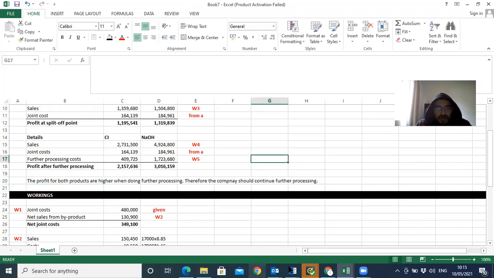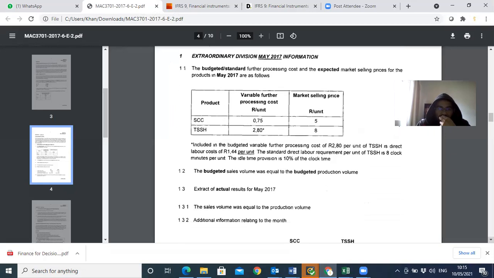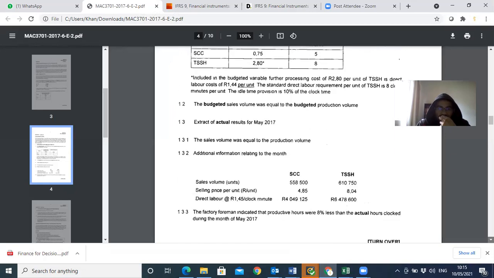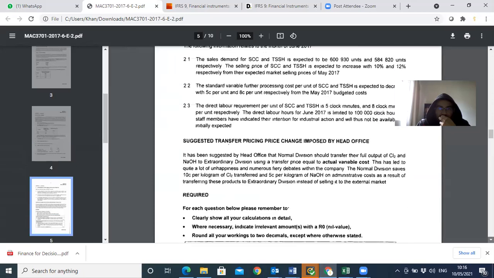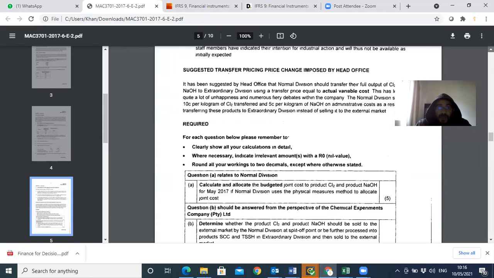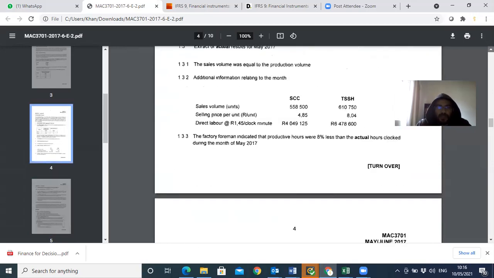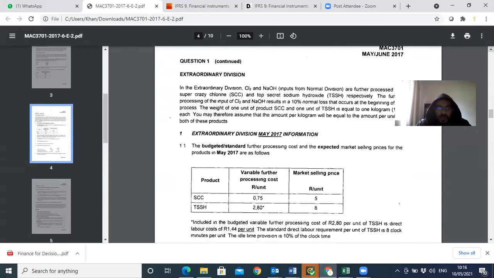So let's see if I didn't miss any information quickly. No, 280.75 cents. Yeah, it's fine. So there we go. Both products should undergo the further processing.